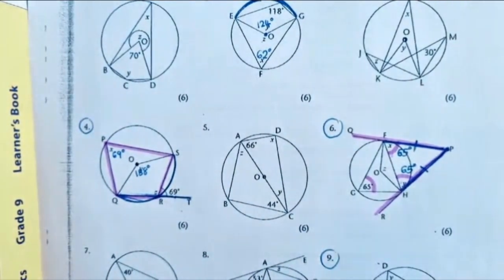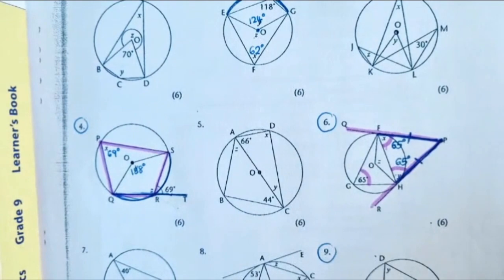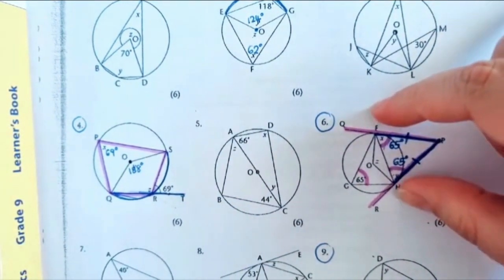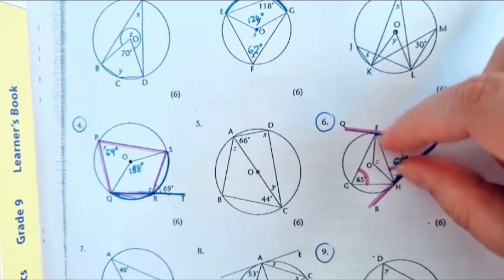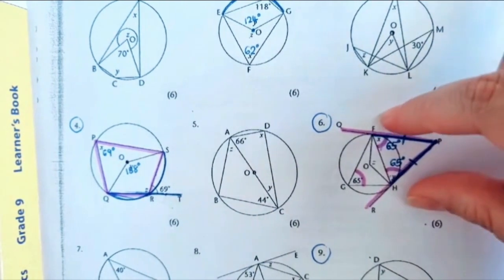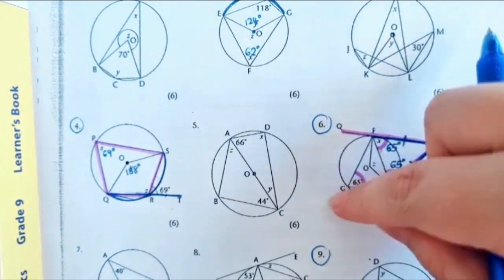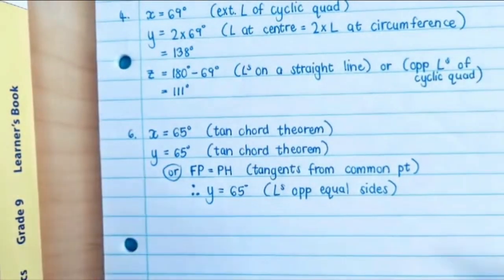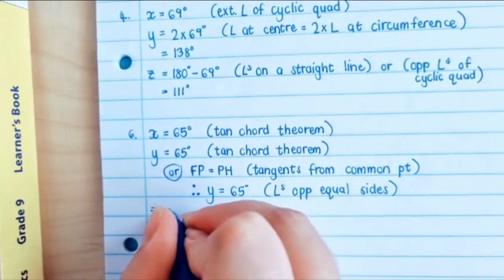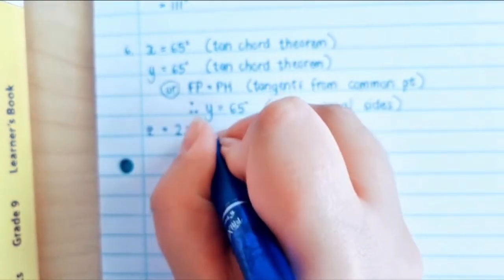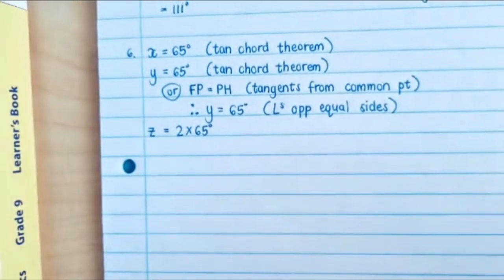We now still need z, and I hope that you guys can recognize that z, again, is an angle at the center, which is subtended by FH, by that chord. So z is at the center, so z is going to have to be double the angle at the circumference, which is 65. So z is going to equal 2 times 65 degrees, which you don't have to write that working.